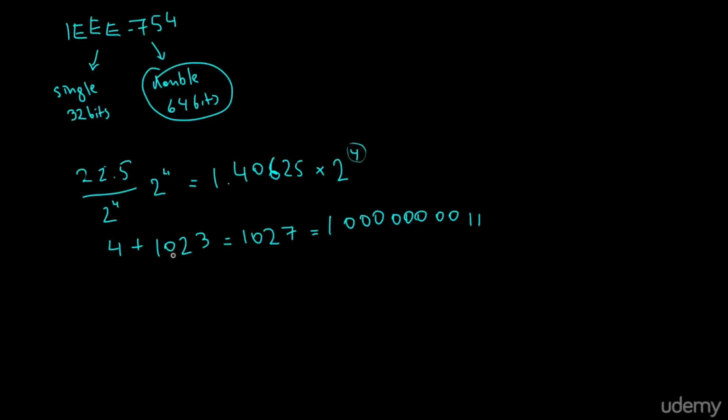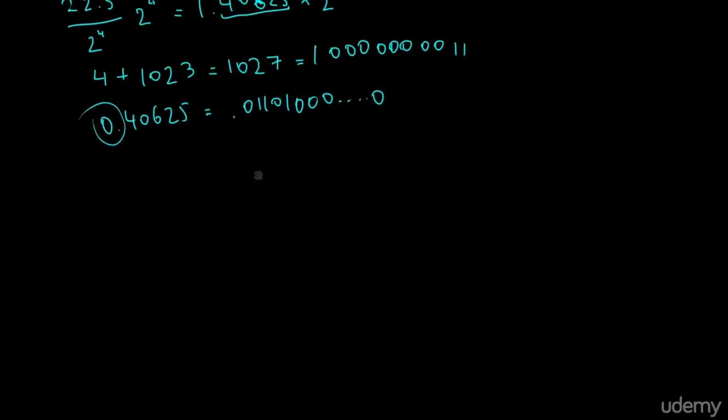Then the mantissa, which doesn't actually include the 1. The mantissa is just 0.40625. We don't care about the 1 here because the 1 is implicit. It's assumed to be part of the number. So this is stored as 0.01101, 000, and then lots of zeros.